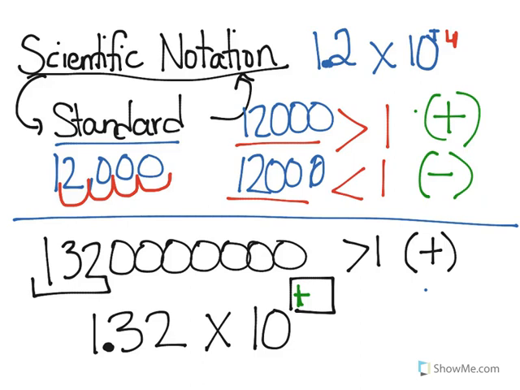So now we just got to count our decimal. I'm going to move it 1, 2, 3, 4, 5, 6, 7, 8, 9 times. So my exponent is positive 9. And they are equal to each other.